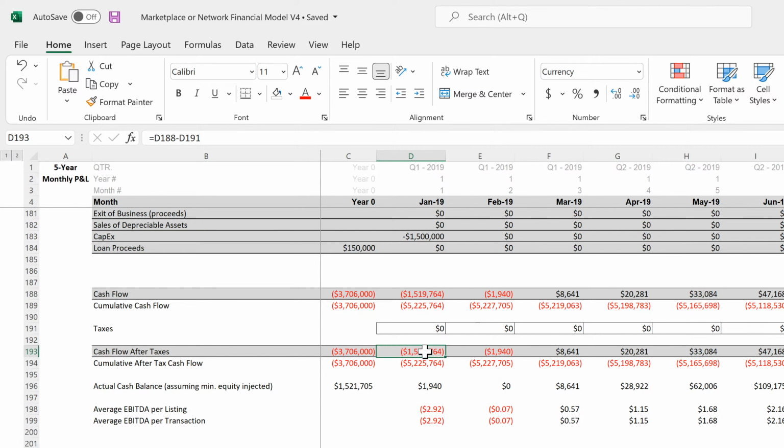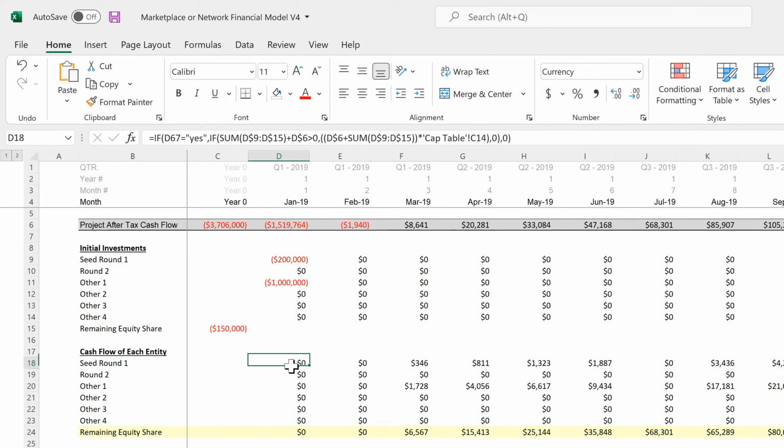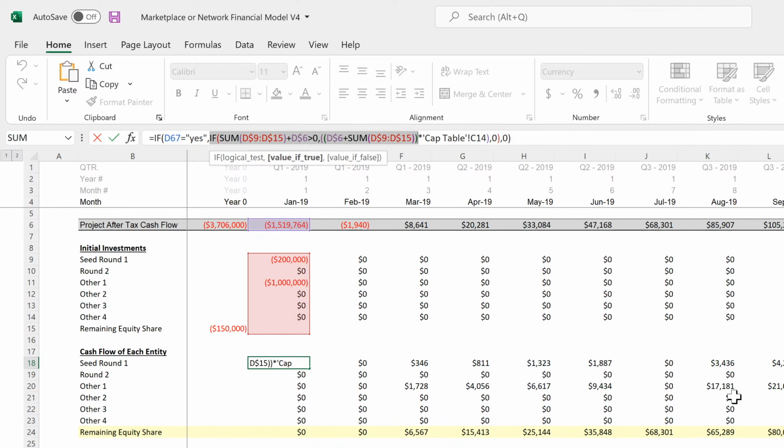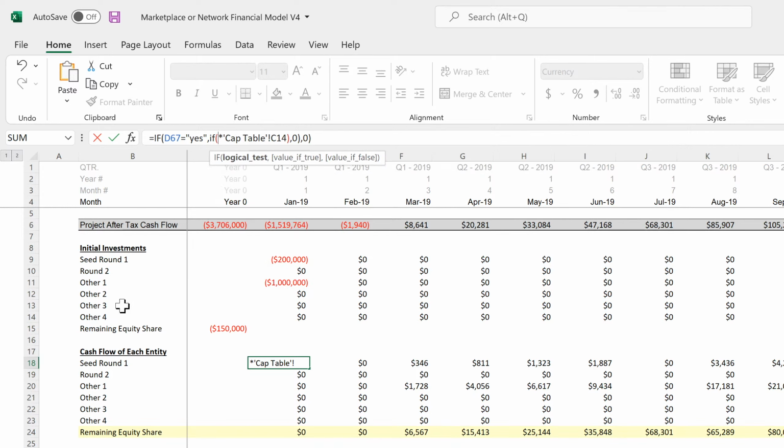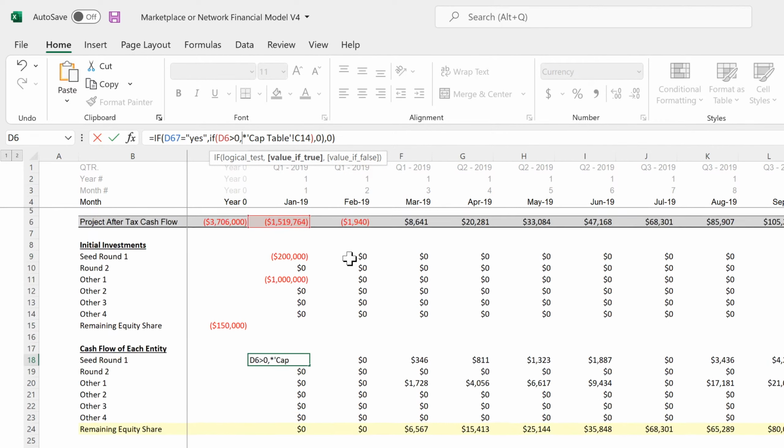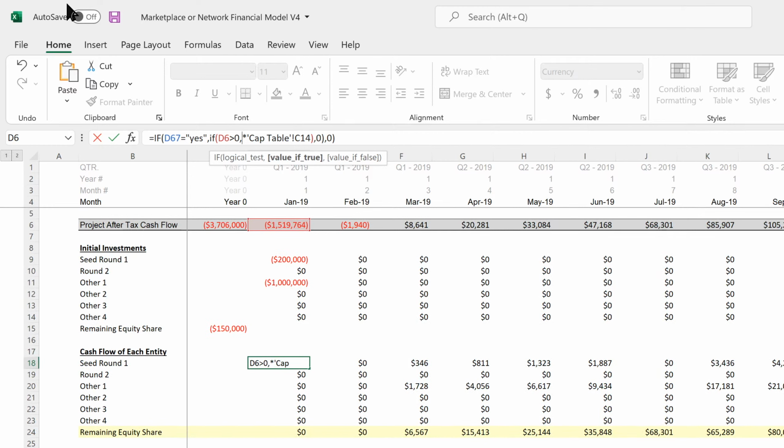So now I can make this formula really simple. So what gets split to each entity is simply if this is greater than 0, then do this number. Crap. Oh, my mouse is messed up.